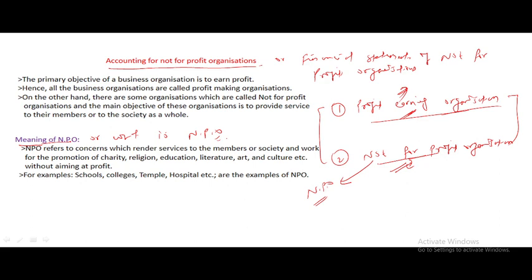Now, meaning of NPO, or meaning of not-for-profit organization. Not-for-profit organization refers to that organization which renders services to the members or society and works for the promotion of charity, religion, education, literature, art and culture, etc. without aiming at profit.